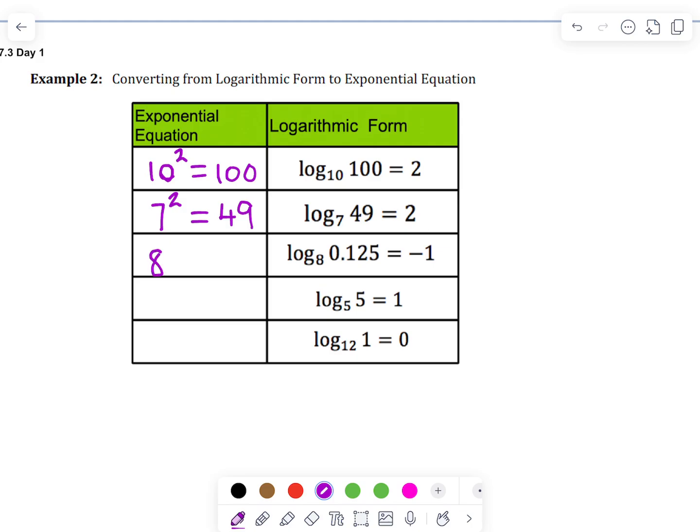So 8 is the base, exponent of -1 equals 0.125. Next one, log base 5 of 5 equals 1. So 5 to the first power equals 5. Last one, log base 12 of 1 equals 0. So 12 to the 0 power equals 1.